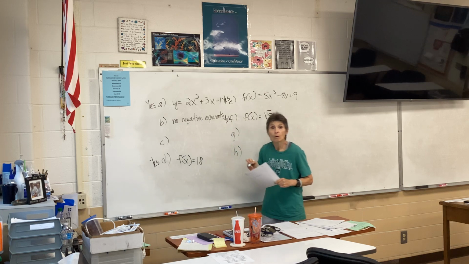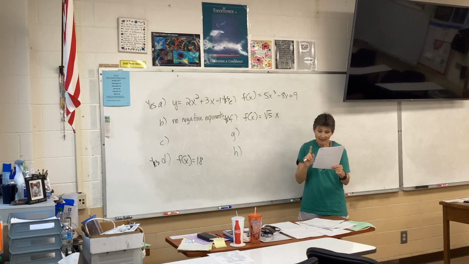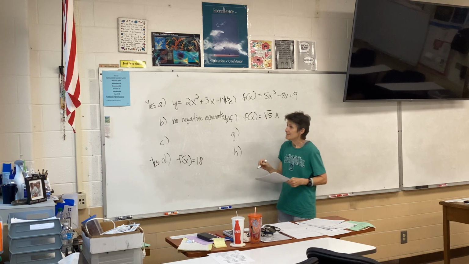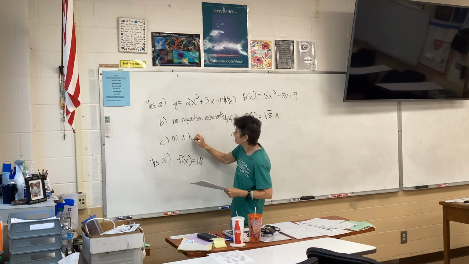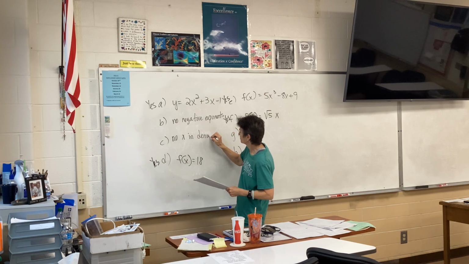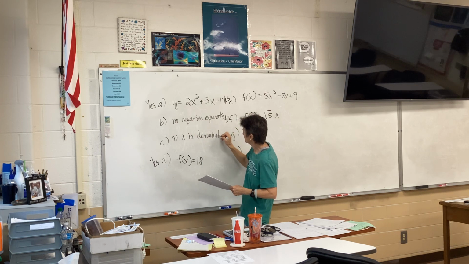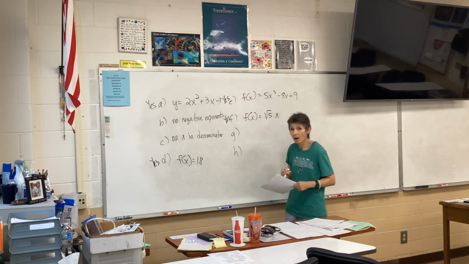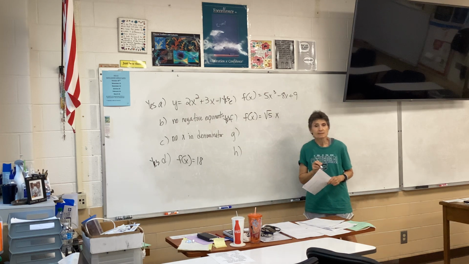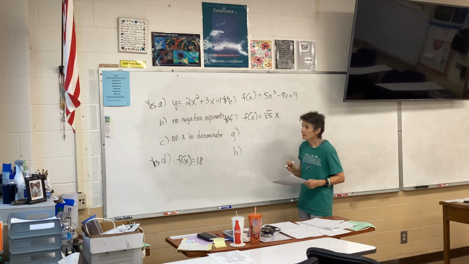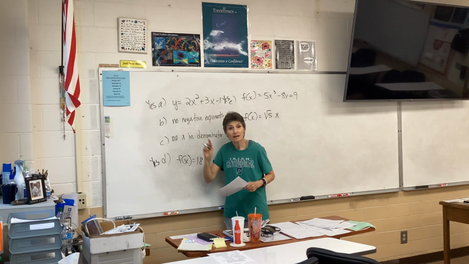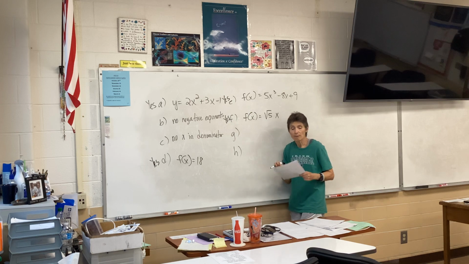So B is a no because you're not allowed to have negative exponents. C is a no because you're not allowed to have x in the denominator. So if your problem has an x in the denominator, it's not a polynomial. If your problem has a negative exponent, you are not a polynomial.